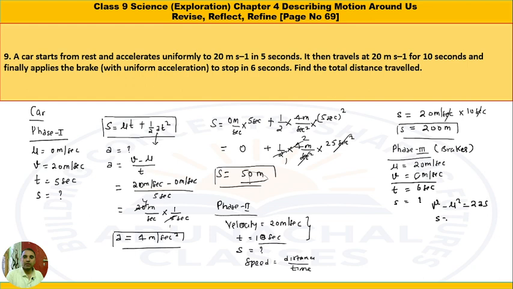Here also we need to find s. I can use s equal to v square minus u square upon 2a, but we need to find acceleration. Acceleration is change in velocity, v minus u upon t. V value is 0, minus u value is 20, in bracket I can write meter per second, upon time is 6 second. So it is minus 20 upon 6 meter per second square.